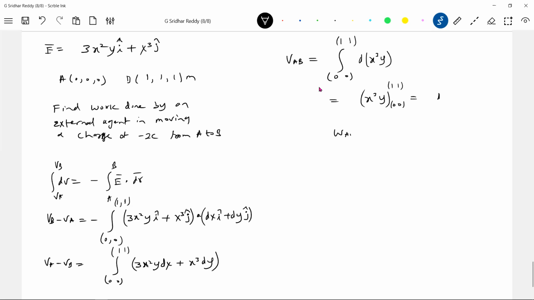So the work done by an external agent in moving a charge of minus q from B to A, this will be the formula. So minus 2 times minus 1, which is 2 joules.